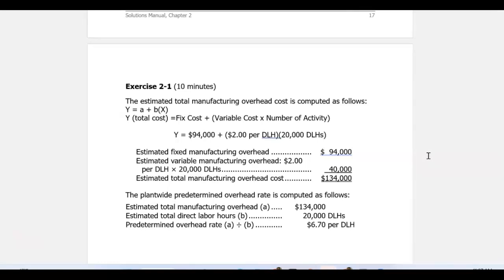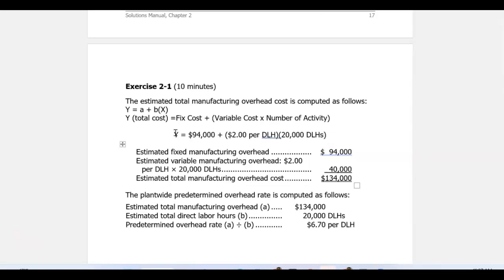Y, which is total cost, equals fixed cost plus variable cost times number of activities. Y equals a plus bX. If you remember your algebra course that you took, hopefully already by now, that's where the Y is. Y is the total cost, equals fixed cost, which is always fixed, never changes, plus variable cost per unit times number of activities.